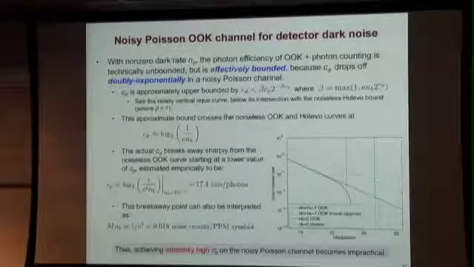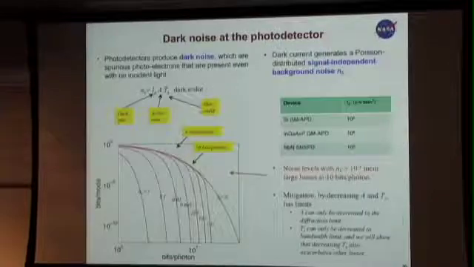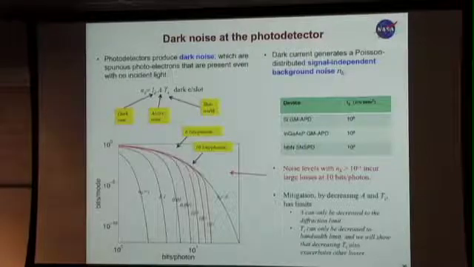Another interesting analysis result is, even though for dark noise, for any one of these curves, there is no limit. If I plug in a 10 to the minus 6 background, or 10 to the minus 5, 10 to the minus 4, it will theoretically go on forever without an upper bound.